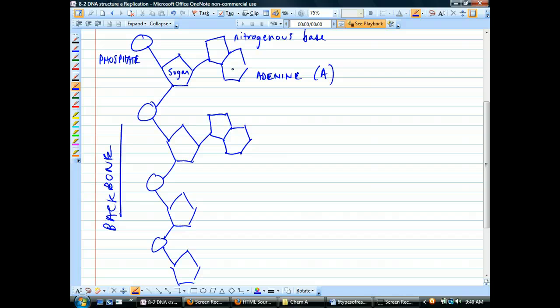You can see that, right? And then the next one is different. The next one is just a hexagon. And then another one. All right, so the second nitrogenous base. Now, all of these are nitrogenous bases, okay? 4 different ones.